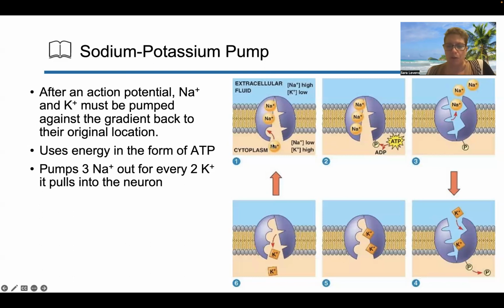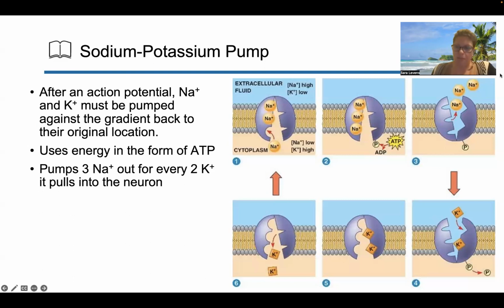So the sodium will climb back into these spaces right here. The ATP comes and attaches to this little molecule and turns into ADP. This causes the protein to shift in shape, and then it releases the sodium ions back outside.